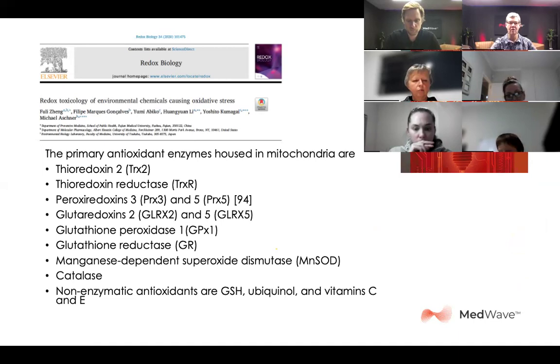And so our antioxidant capacity might be somewhat hampered.